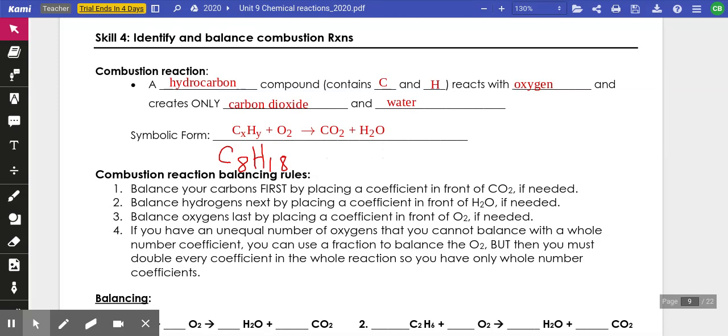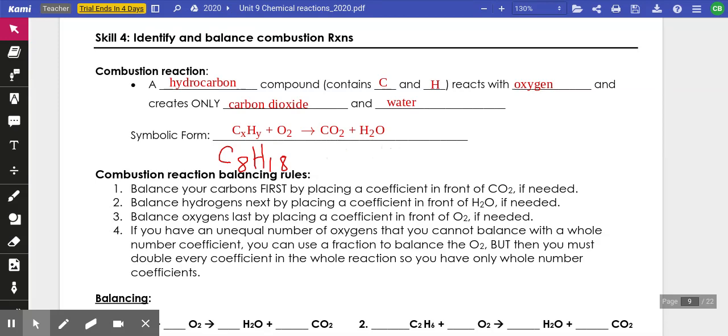Okay, so we're going to balance these reactions. Now, the balancing of a combustion reaction is not really any different than balancing any other reaction that we've already practiced, except that you'll notice that you have oxygens in two places in the products.